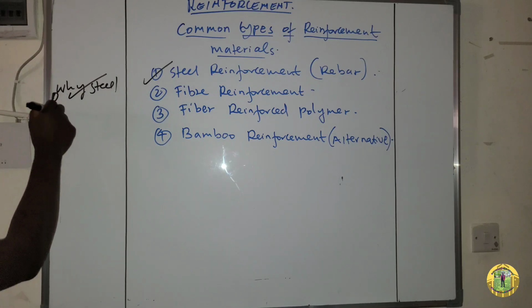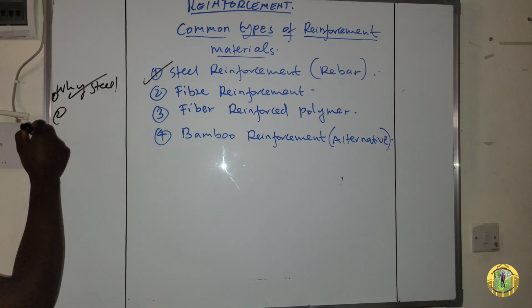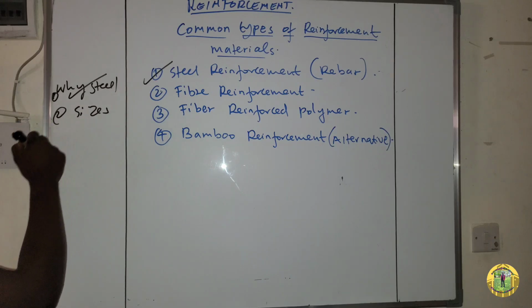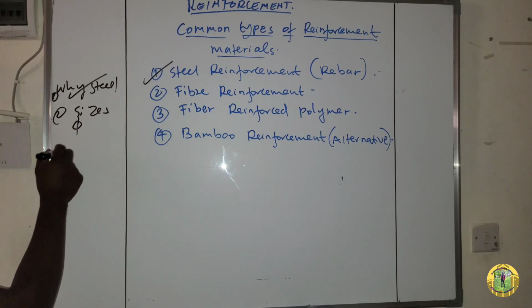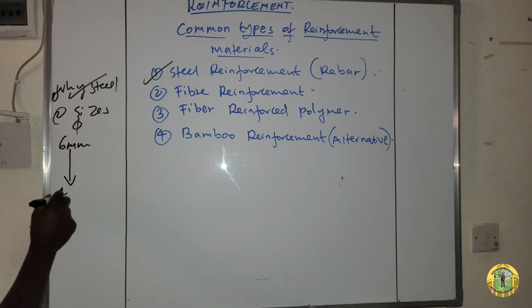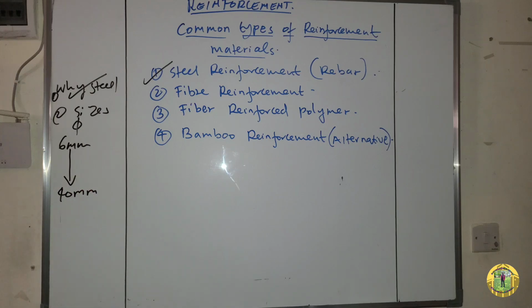Then number two, I will give you the sizes in diameter for this steel, from 6 millimeter all the way to 40 millimeter, and I will show you where a certain size is used, maybe for a slab or a column.